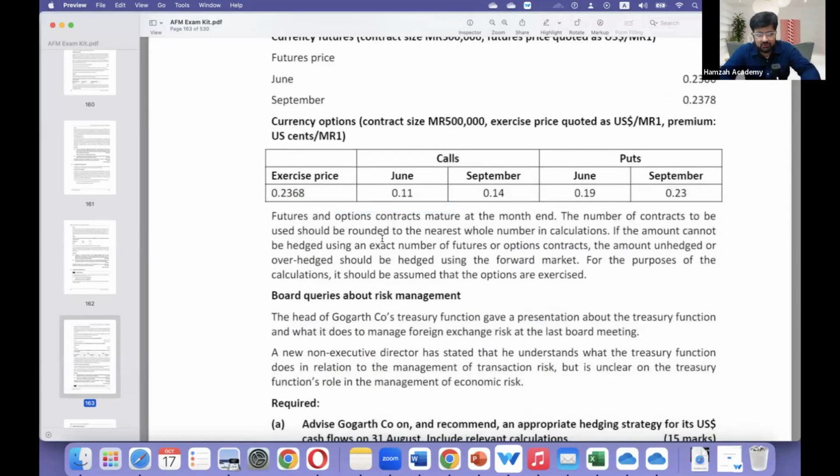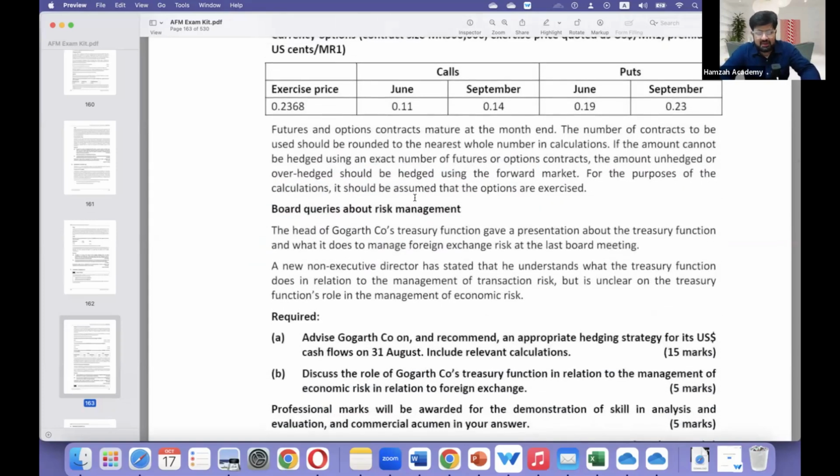The number of contracts to be used is rounded off to the nearest whole number. If the amount cannot be hedged using an exact number of contracts, the amount unhedged or overhedged should be hedged using forward contract. For the purpose of calculation, it should be assumed that options are exercised. Very easy. The second part is related to the other part, the treasury one.